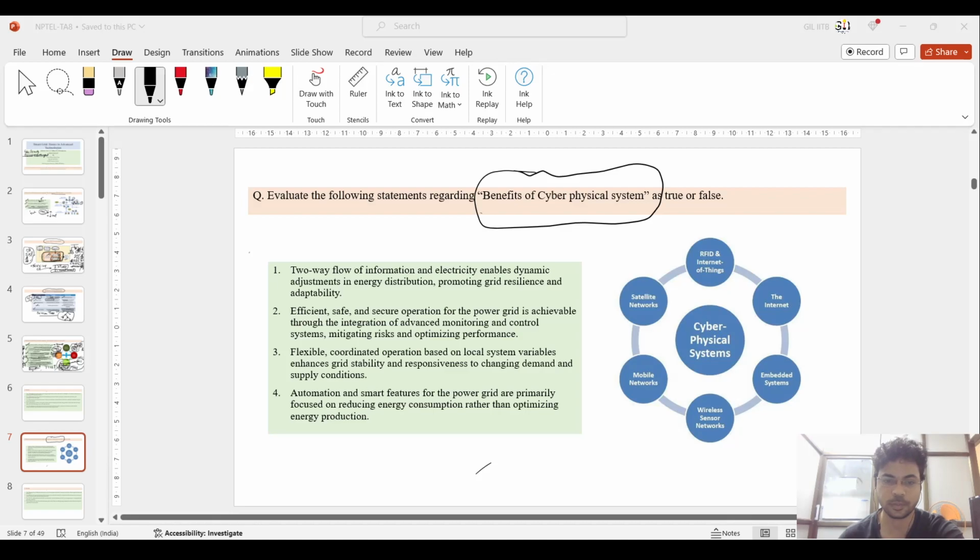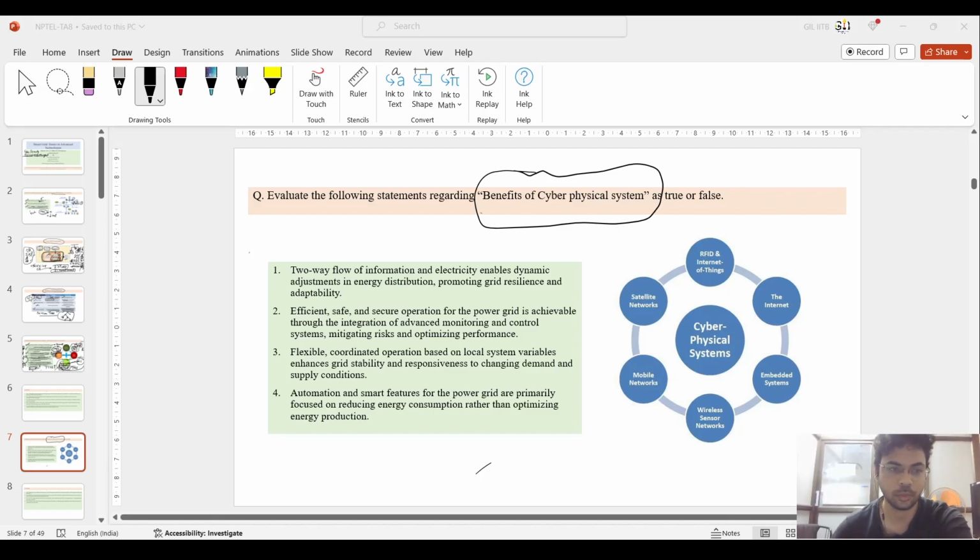Okay, I got one answer, it's all true. Anybody else? Okay, Pradvin is saying first three is true and the last is false.